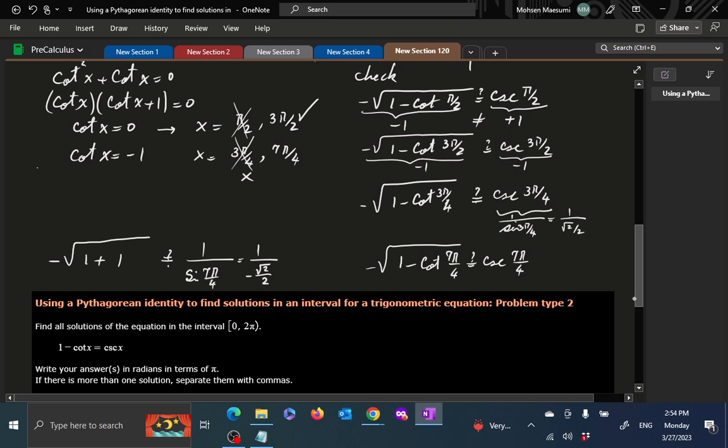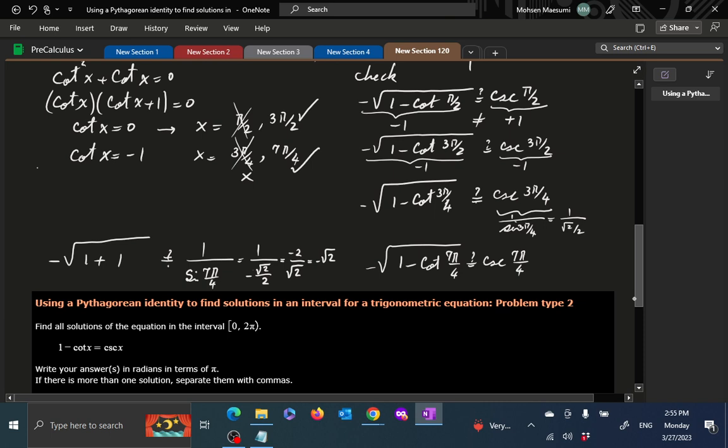So is it true that, let's simplify this, it becomes minus 2 over radical 2, and multiplied by radical 2, this becomes minus radical 2, which is exactly what is on the other side.